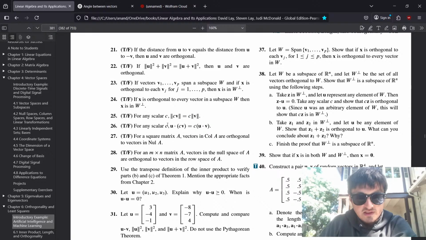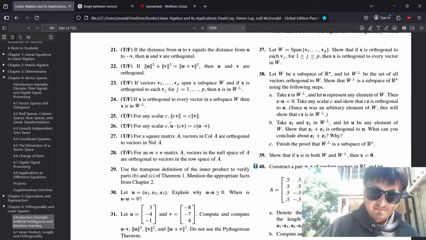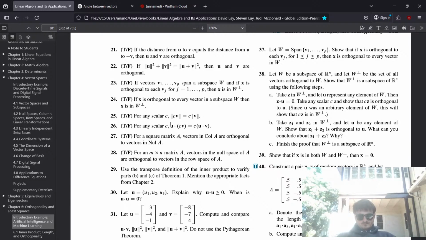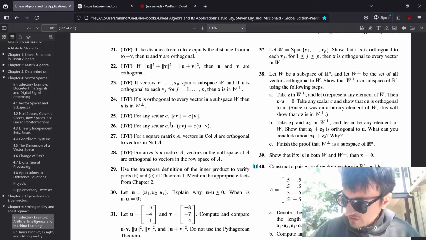26. For any scalar C, is that true? If we unwrap it, we get like 1, 2 dot, let's say it's minus 1 times 3, 4.